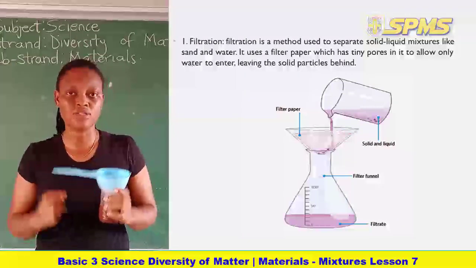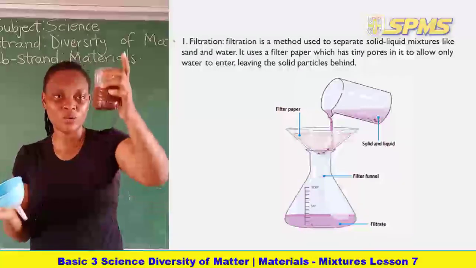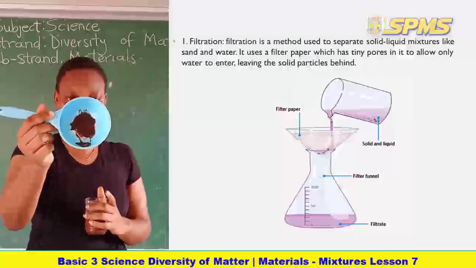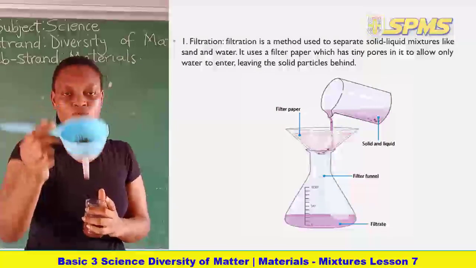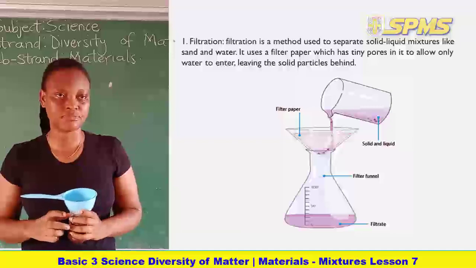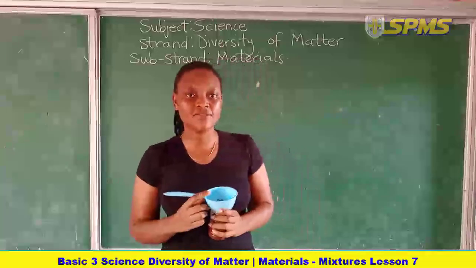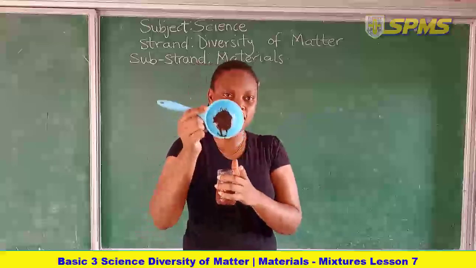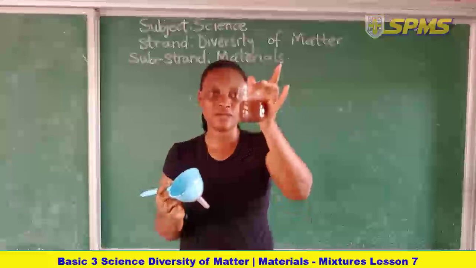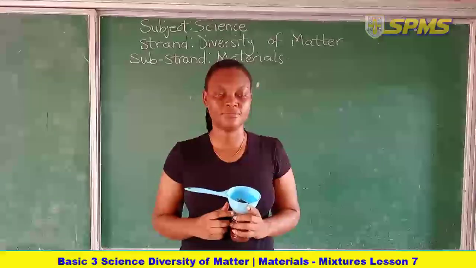So that is about the filtration method. We have our liquid separated from our solid, as we can see. The filtration method leaves the solid in the filter paper, and then the liquid comes out into the cup.